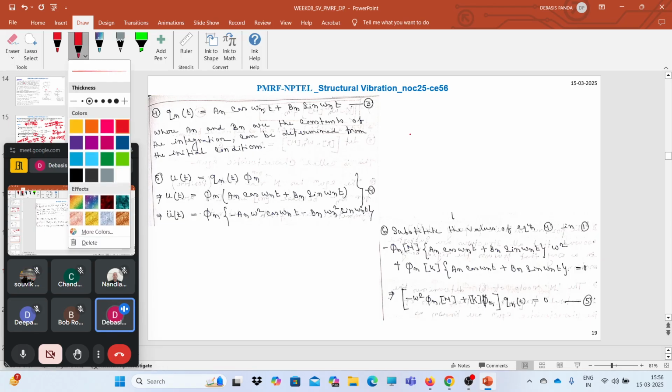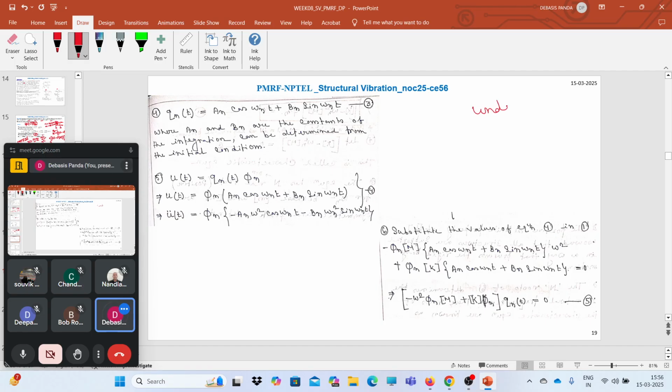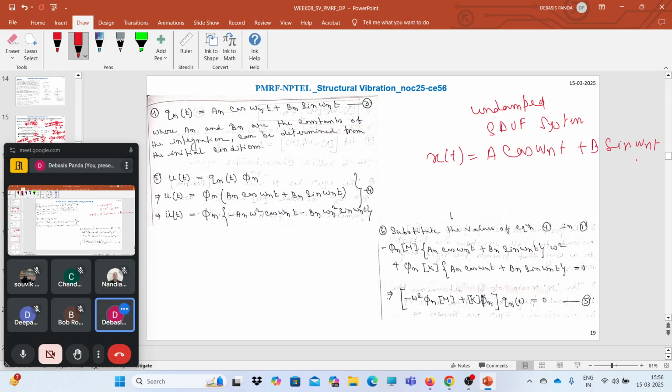Already we have solved the problem, like when we solved that undamped SDF system, we found out x(t). The response is nothing but a cos omega n t plus b sin omega n t.